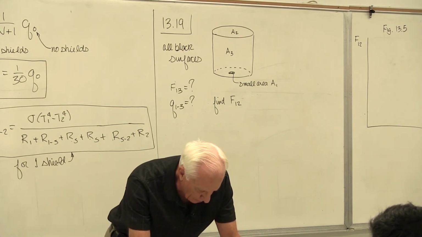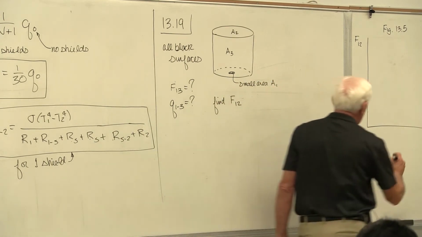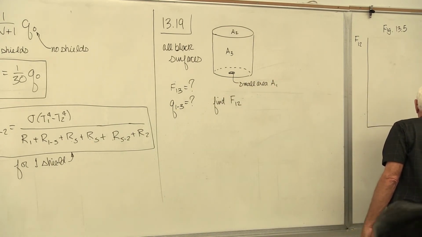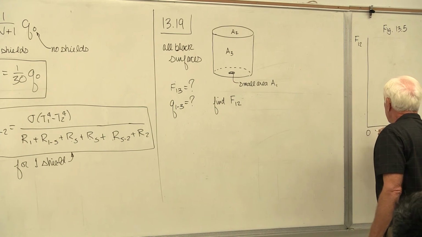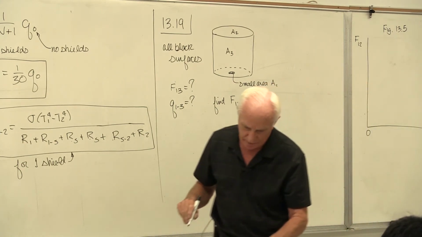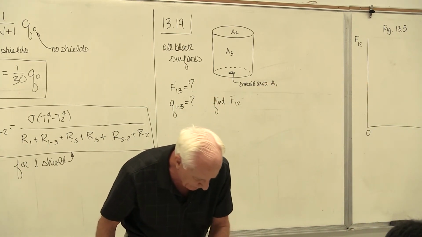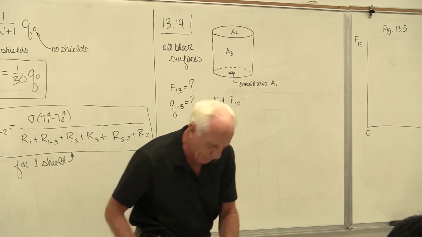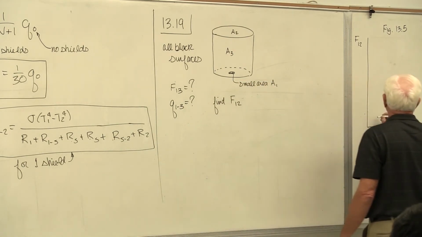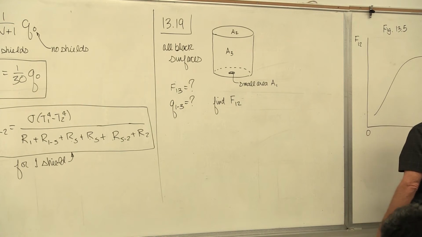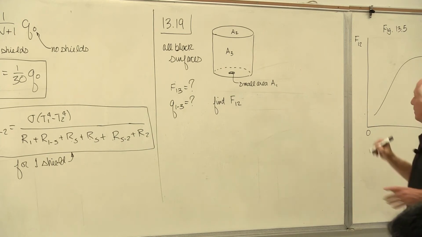L over R1 is on the x-axis, and the parametric curves are R2 over L. Okay, so I go on the graph.